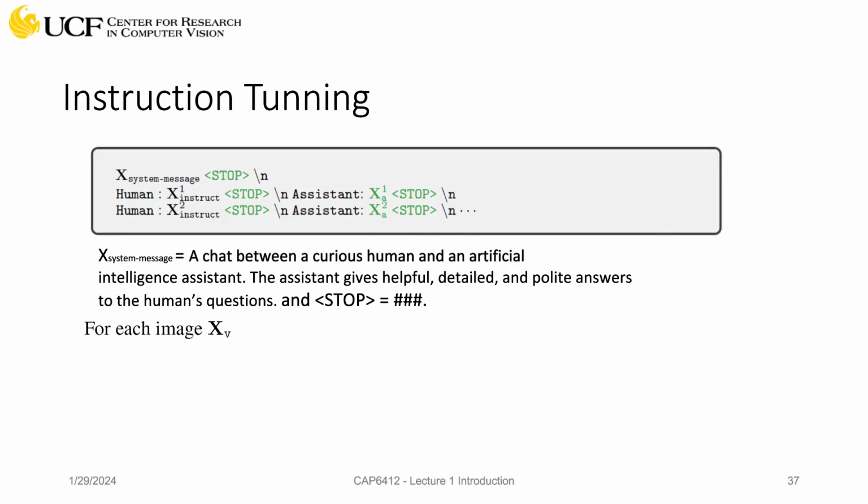So now we are given an image XV. For each image, we will have these question-answer pairs.